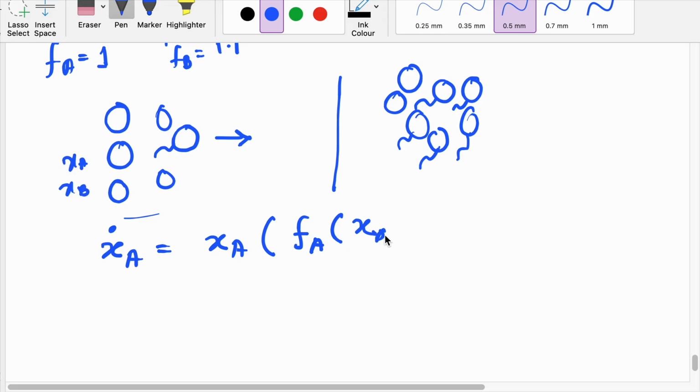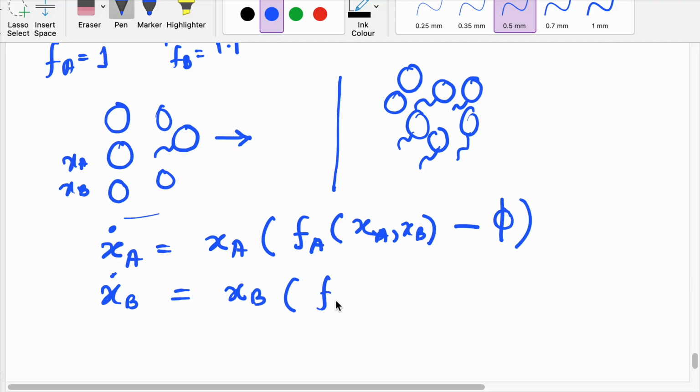So xa dot equals xa times (fa(xa, xb) minus phi). In principle we should write an equation like this to capture the frequency dependent fitness. Xb dot equals xb times (fb(xa, xb) minus phi).